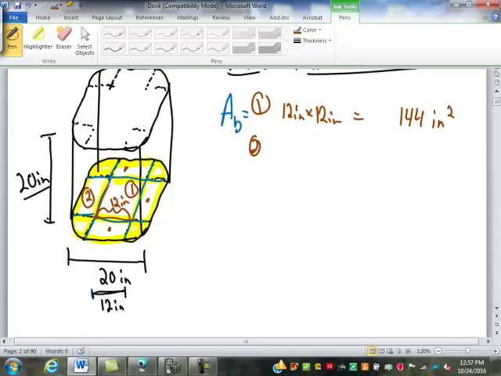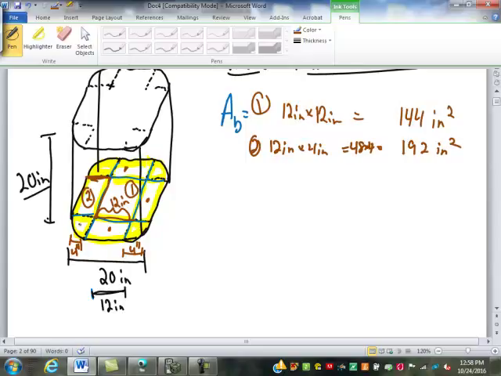Well, it's 12 inches by, what's this? What's this? 4, there you go. It's 8 inches total difference between the 20 and the 12 because it's 4 inches on each side. So 12 by 4 is 48. Times 4, because there's 4 of them, 192 inches squared.